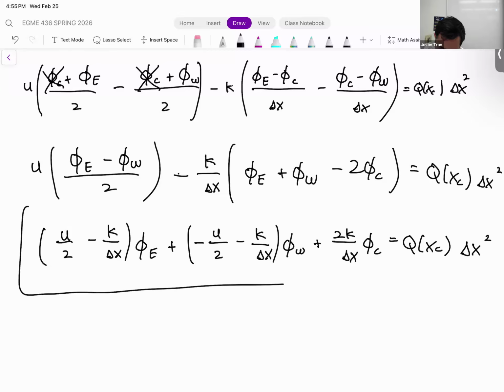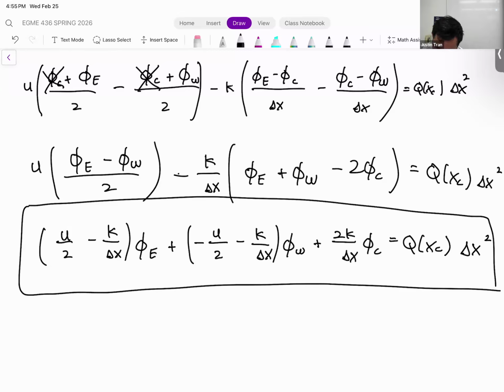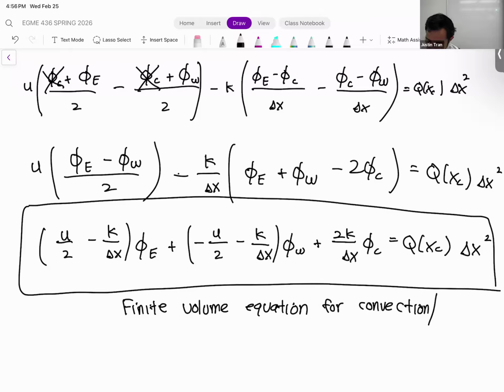And that is our equation there. This is our finite volume equation for convection diffusion in 1D. And remember, this is for an interior cell, because we have neighbors on the left and right.